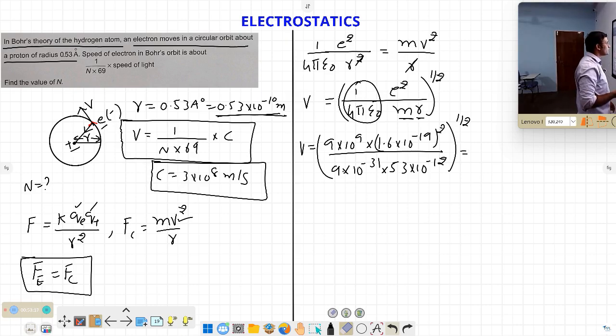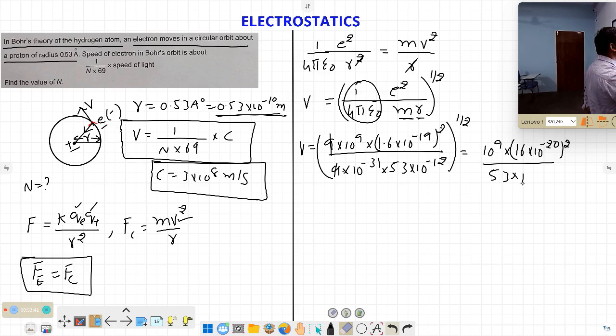Now if you solve this one, how much are you going to get here? 9 we can cancel here, and 10 power 9, into 16 into 10 power minus 20 whole square by 53 into 10 power minus 31 minus 12, that becomes minus 43, whole power 1 by 2.